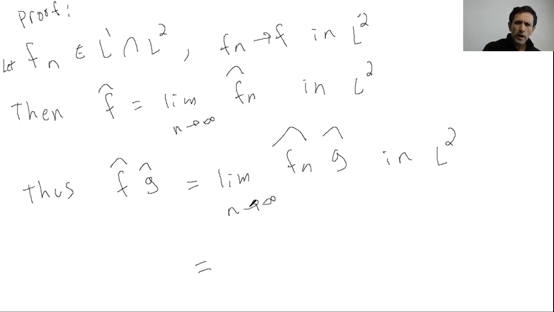By the homework, we know what this is: f_n is in L^1, g is in L^1. So by the homework, this is going to be the Fourier transform of f_n convolved with g, times the Fourier transform of g. That's what these two are equal to.